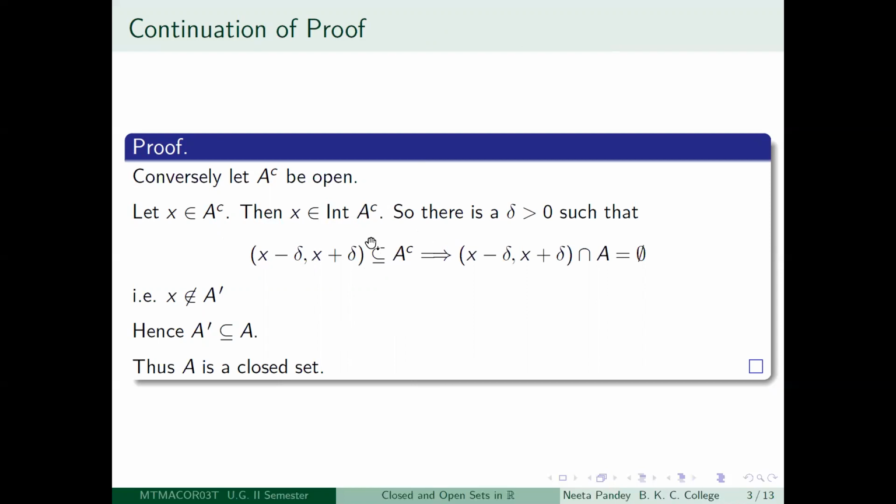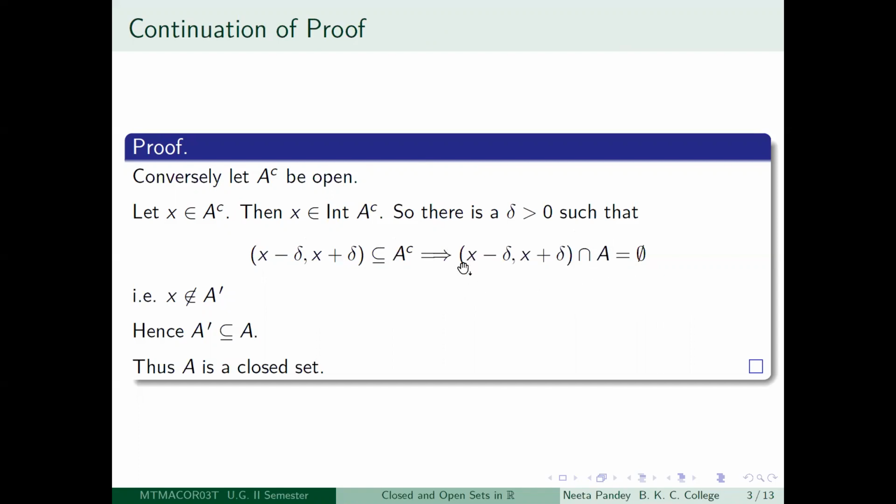So by definition of interior points, there is a delta neighborhood of x which will be a subset of A complement. So since this delta neighborhood of x is a subset of A complement, the intersection of the delta neighborhood of x with A is going to be empty, because it is totally a subset of A complement, so it is disjoint from A.